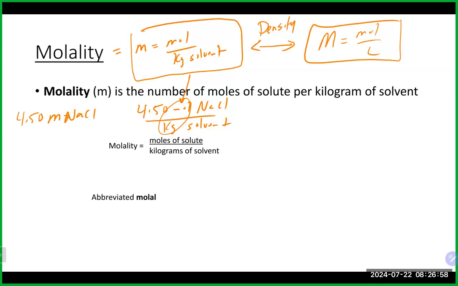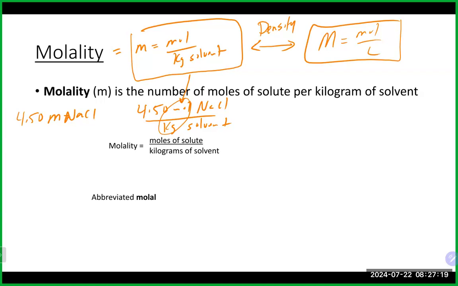Molality is a unit of concentration which I would say is not used a lot in normal solution type problems. Where it is used, and where we will see it a lot, is towards the end of the semester when we talk about colligative properties of solutions.